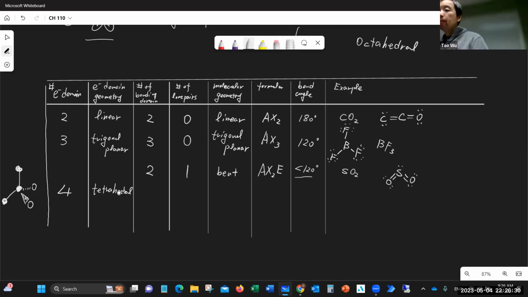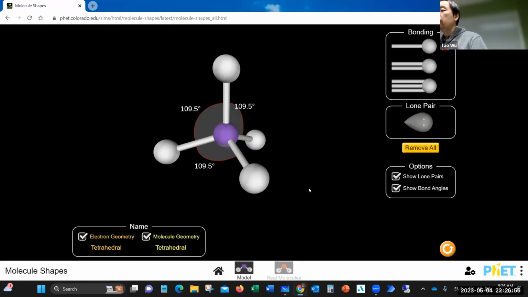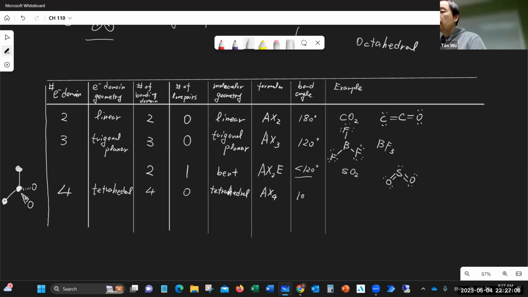If we have 4 bonds, 4 bonding domains, and no lone pairs, then the molecular geometry will be exactly the same, tetrahedral. And the formula will be AX4, since we have 4 side atoms. The bond angle here is a little bit smaller than 120. It is 109.5.